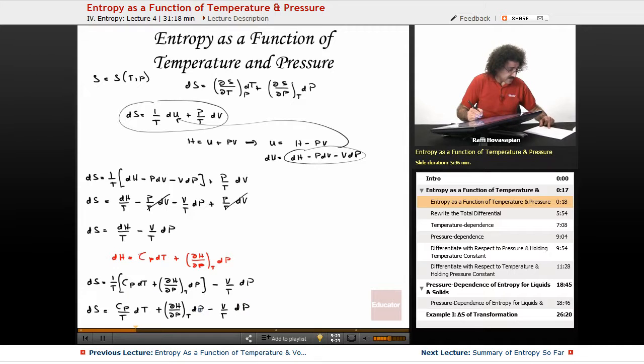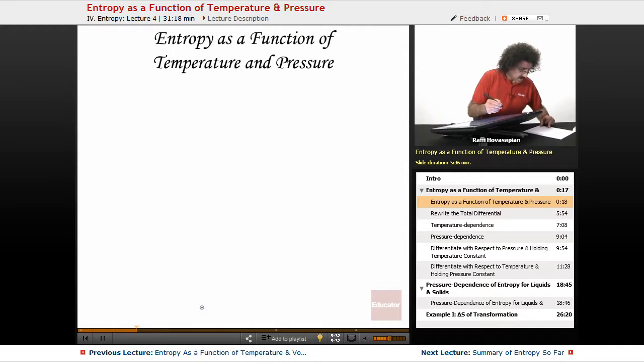I'm going to combine some terms here. So when I do that, I end up with dS is equal to Cp over T dT plus 1 over T times (dH/dP) at constant T minus V dP.